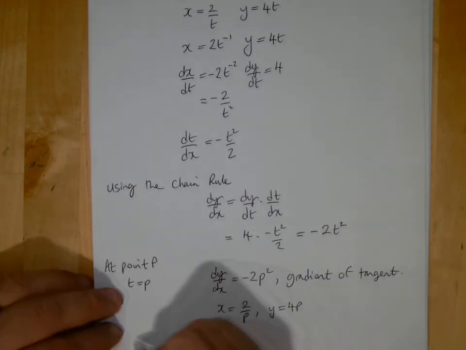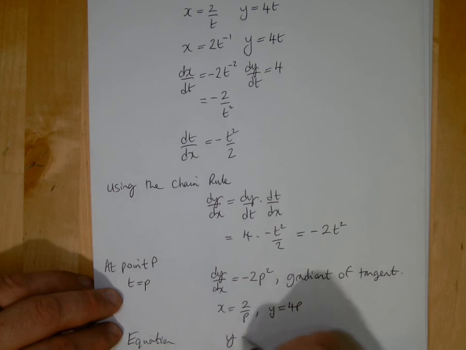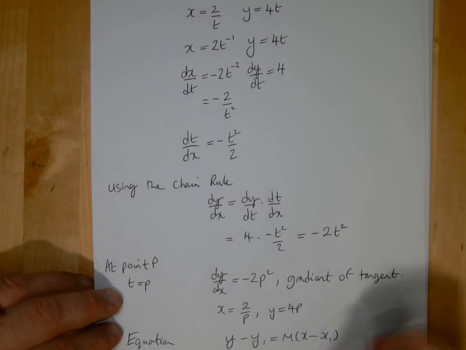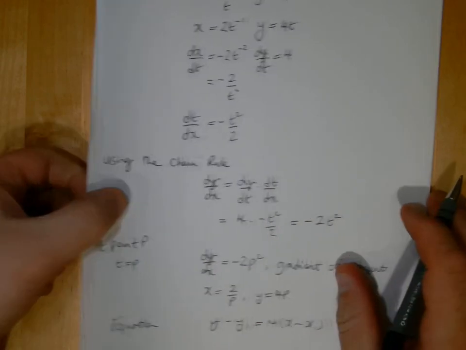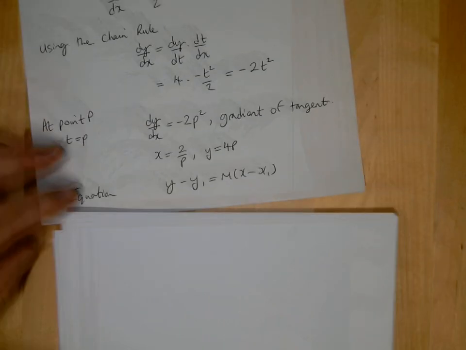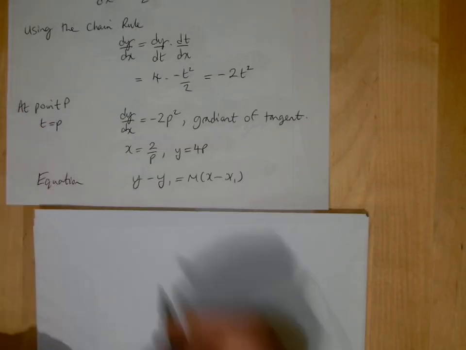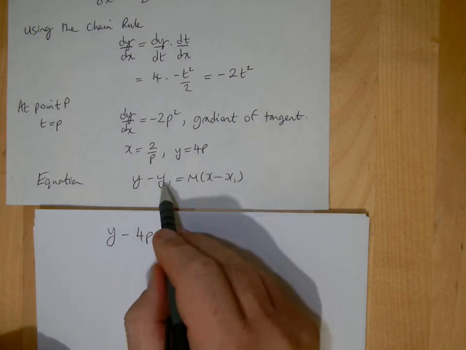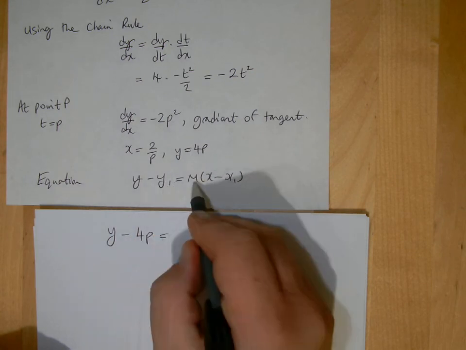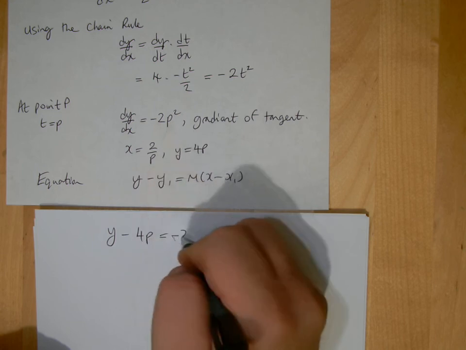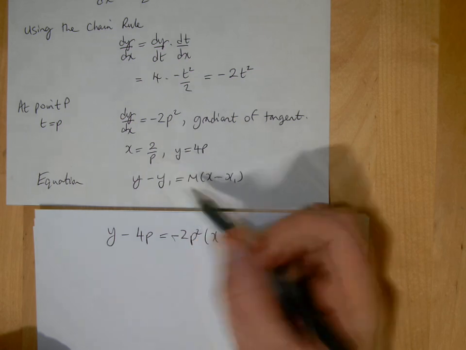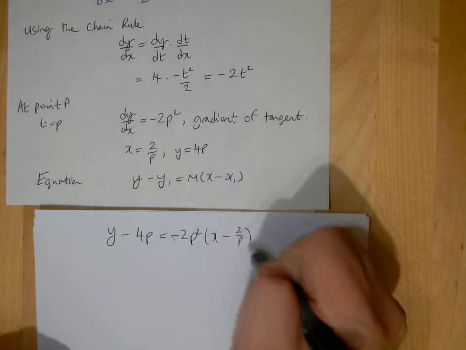Okay, so in the equation, remember the equation formula is y minus y1 is equal to m times x minus x1. So we just sub in those values that we've got. So y minus 4p, because that's what the y value is, equals my gradient, which is minus 2p squared, times x minus my x value, which is 2 over p.